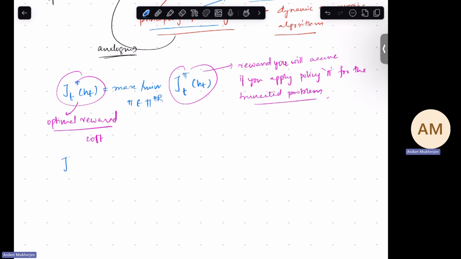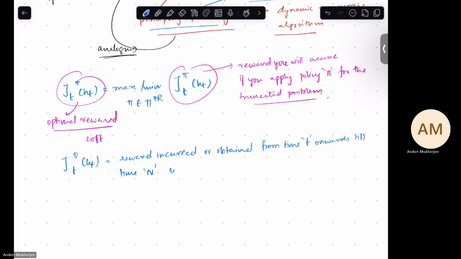J_pi of H_t is equal to the reward incurred or obtained from time t onwards till time n under policy pi belongs to pi HR, starting from history H_t.